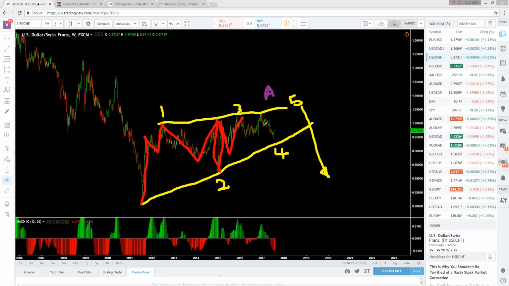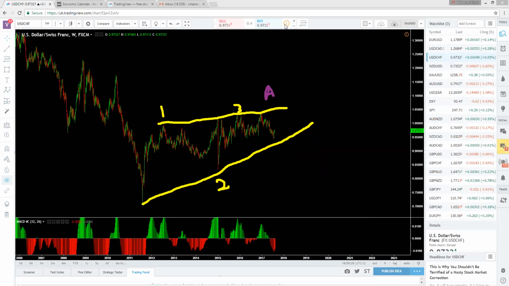Wave 4, sorry, just draw this clearly. Just change the labeling, draw it cleanly. Wave 1, wave 2, wave 3, wave 4, wave 5.